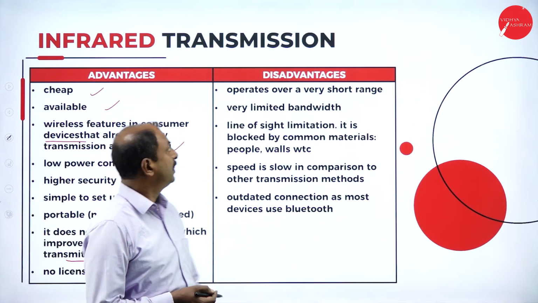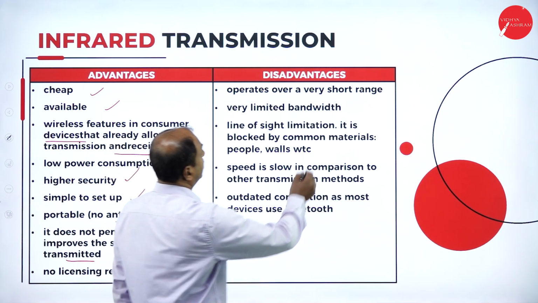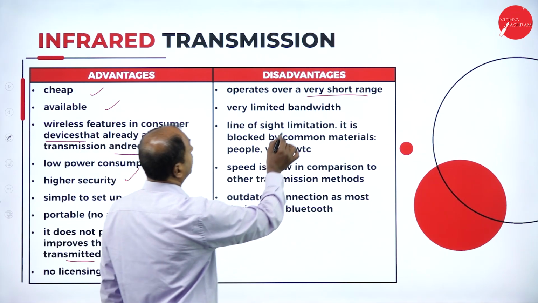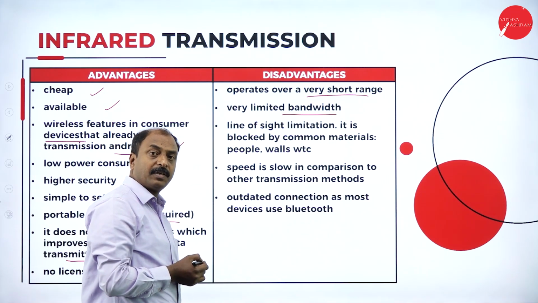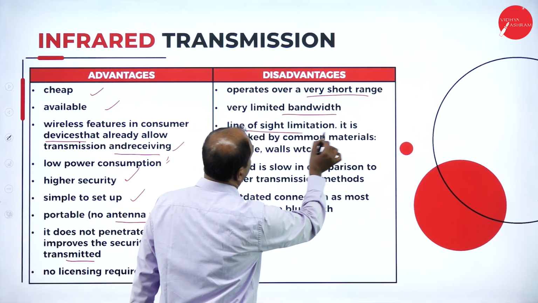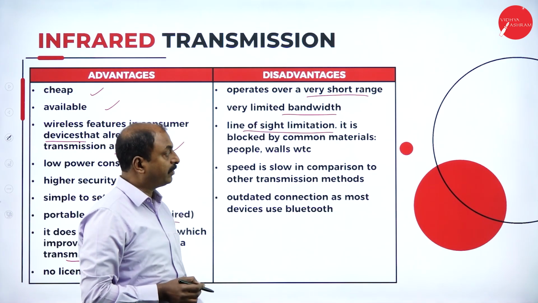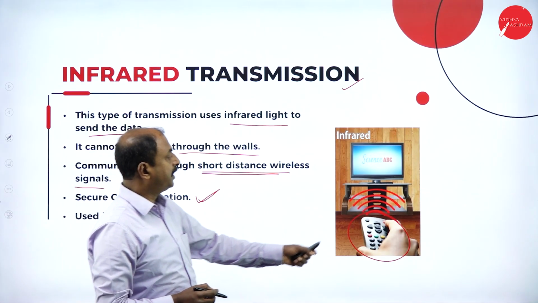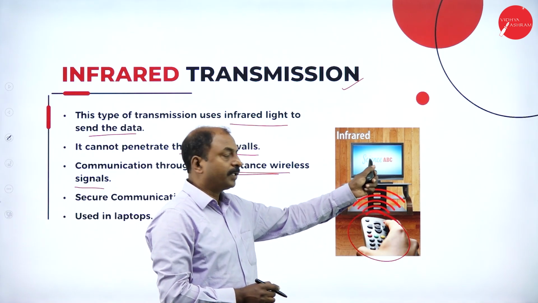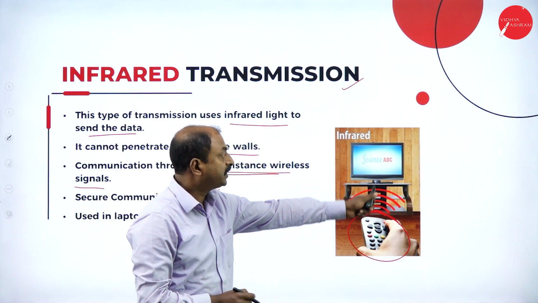Now let us see the disadvantages. It is for very short distance communication and has very limited bandwidth, meaning the capacity of the signal is very low, and there is a line of sight limitation. Suppose, as in the example, the TV: if you want to operate a remote controller, it should be in line of sight.